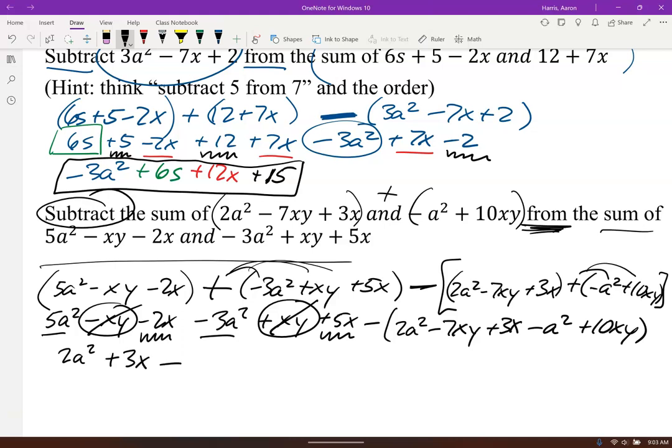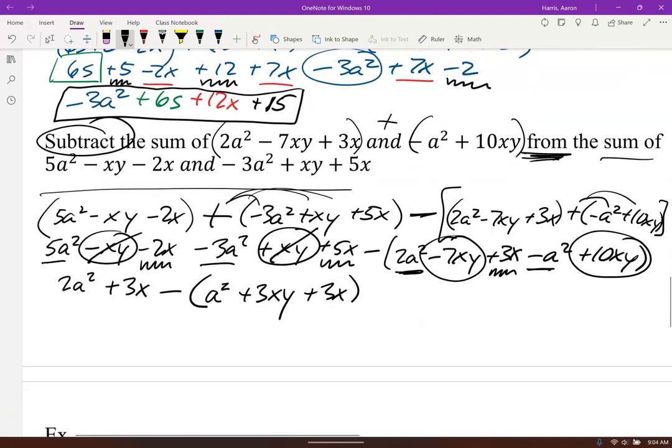And then minus, now we got this stuff in parentheses over here. 2a squared minus 1a squared. 2 minus 1 is a 1a squared. Negative 7xy plus a 10xy is a positive 3xy. And plus 3x. No other x's, plus 3x. So we got to distribute that now.